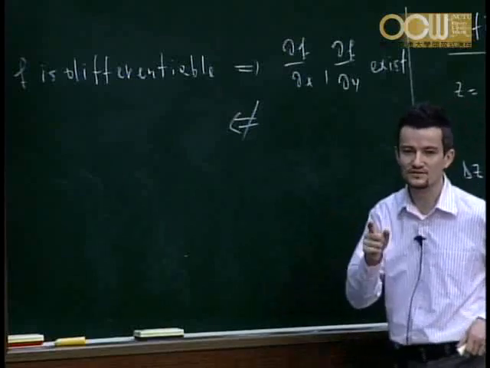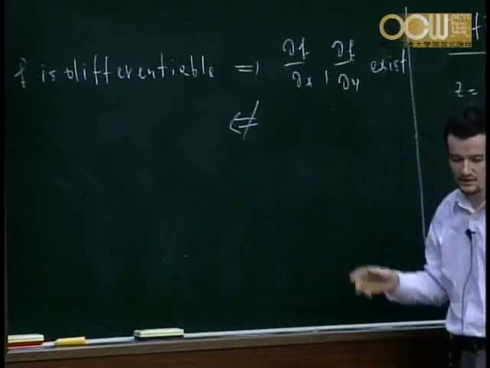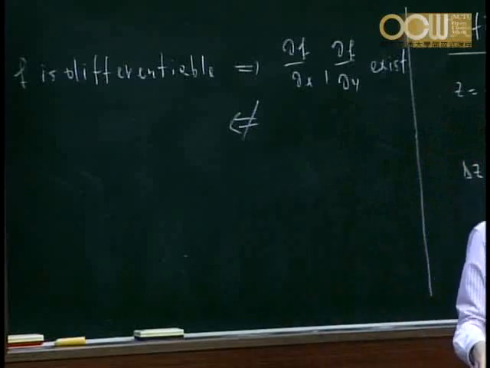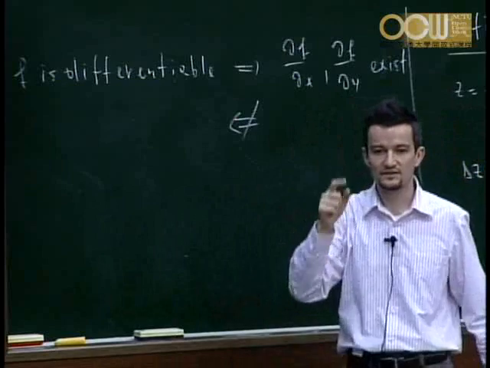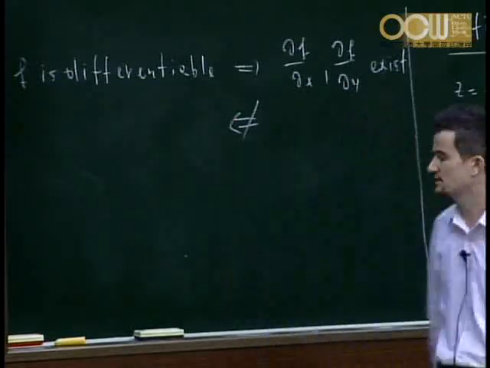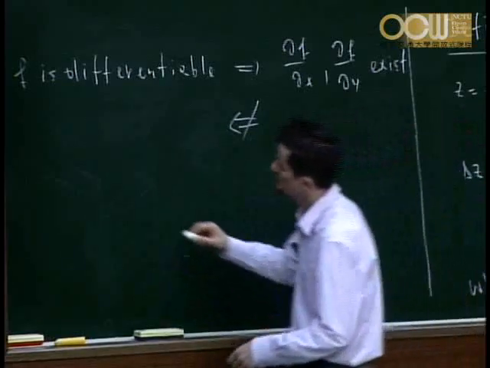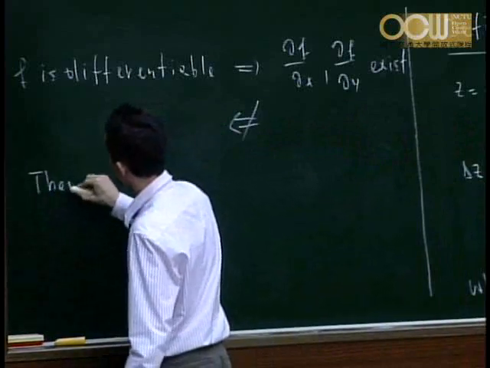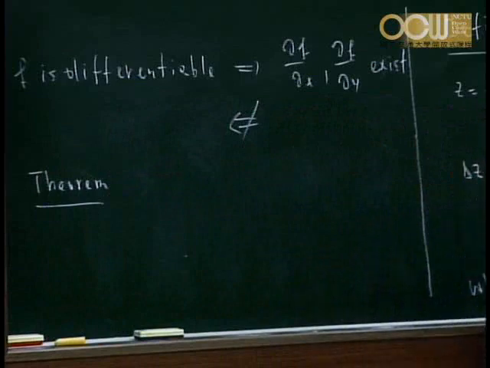The only thing you have to add is continuity. If the partial derivatives exist close to a point (a,b), and both are continuous at (a,b), then the function is differentiable. So this gives you a quite convenient result to check whether a given function is differentiable or not.